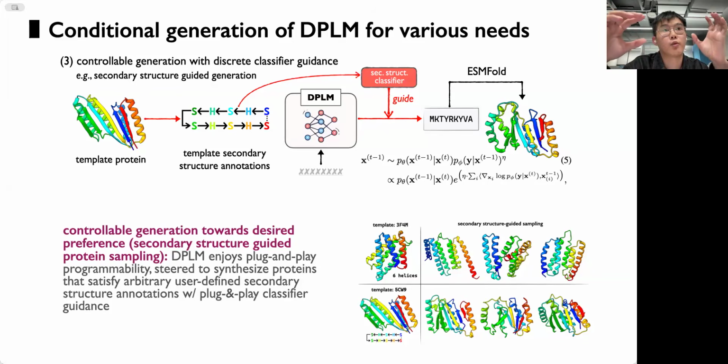We showcase that when we extract the secondary structure from a template protein, we can use our model with this classifier guidance method to generate new proteins that have very similar secondary structure annotation to the template protein.